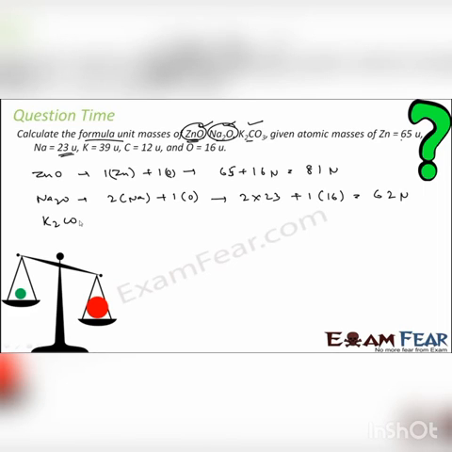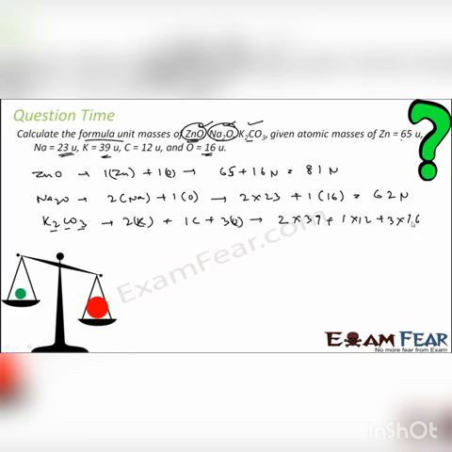K2CO3, 2 potassium, 1 carbon, 3 oxygen. Let's put the values. 2 into potassium is 39 plus 1 into carbon is 12 plus 3 into oxygen is 16.